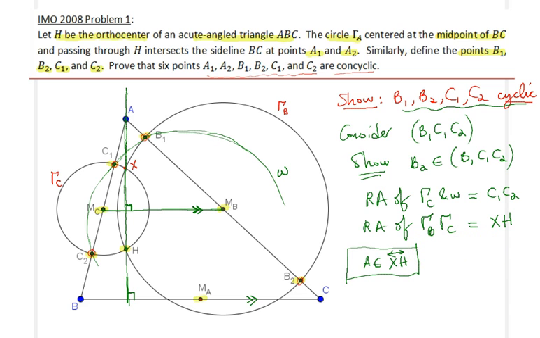Okay, now going back to my explanation. The radical axis of gamma C and omega is the line C1C2.